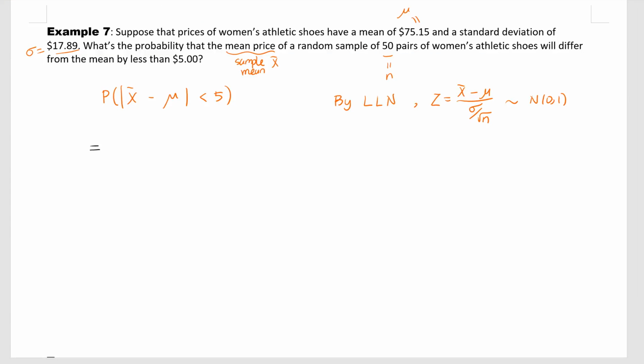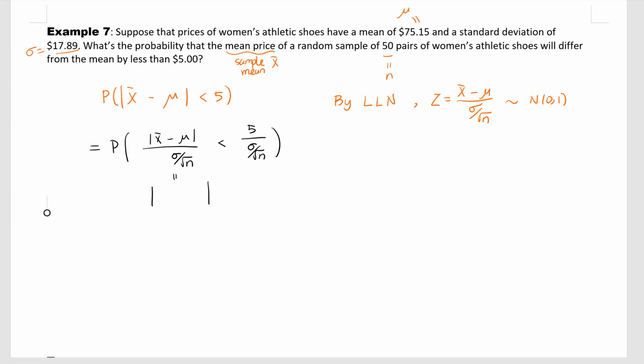In order to get z, we have the top, and we also need the bottom. So let's divide by sigma over square root of n. You realize that sigma and the square root of n are positive.